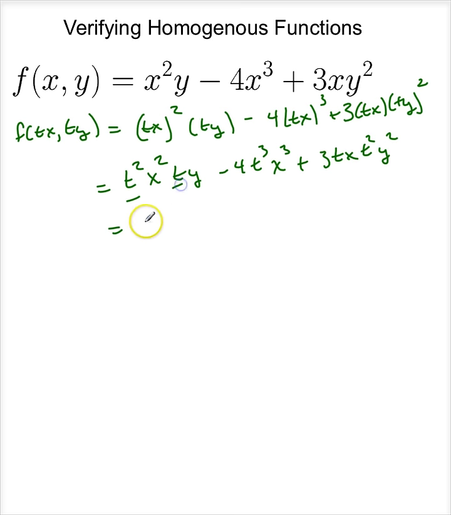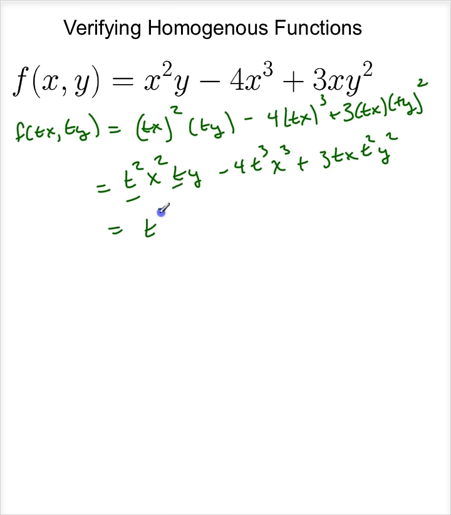Now collecting all my t's here, this is t cubed x squared y minus, I'm going to put the t cubed out front here, 4x cubed plus t cubed, it's a plus, 3xy squared. Now I can factor t cubed out of each term.